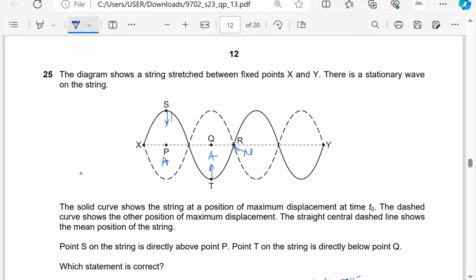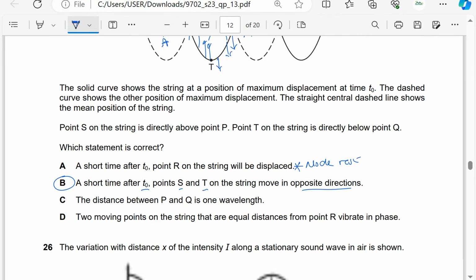Particles this side are vibrating downwards. Particles this side will be vibrating upwards. No, that is not true. The vibration is the other way around. These particles after S vibrate in opposite directions until we have a crest, a trough here, and these ones will be vibrating in the opposite direction. So that is going to be correct.